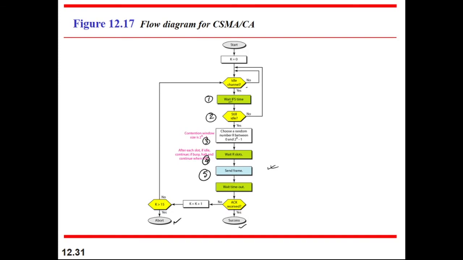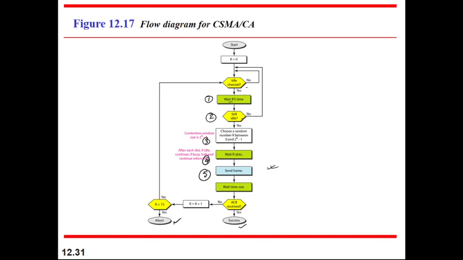After sensing the channel is idle, the host can send the data. For CSMA/CA you have to avoid the collision, so you need to wait much more time after sensing the channel is idle, because every station is sensing the channel and may find it idle at the same time and want to send data at the same time. So again there can be a collision.